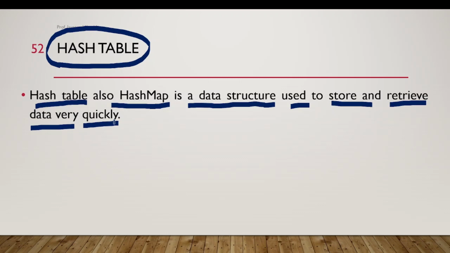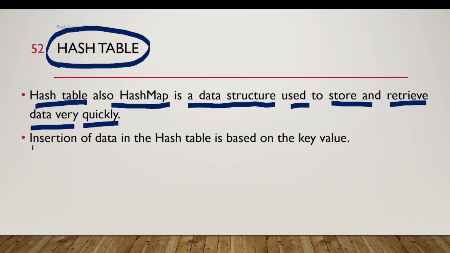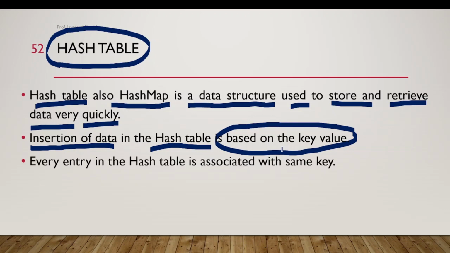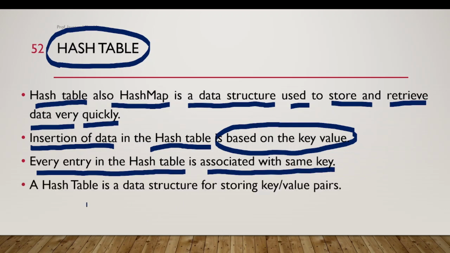We will see how to create a hash table. Insertion of data in hash table is based on a key value. So basically we calculate the key value, and based on that key value we enter data into the hash table. So every entry in the hash table will be associated with a key. So one key with one data. A hash table is a data structure for storing key value pairs.